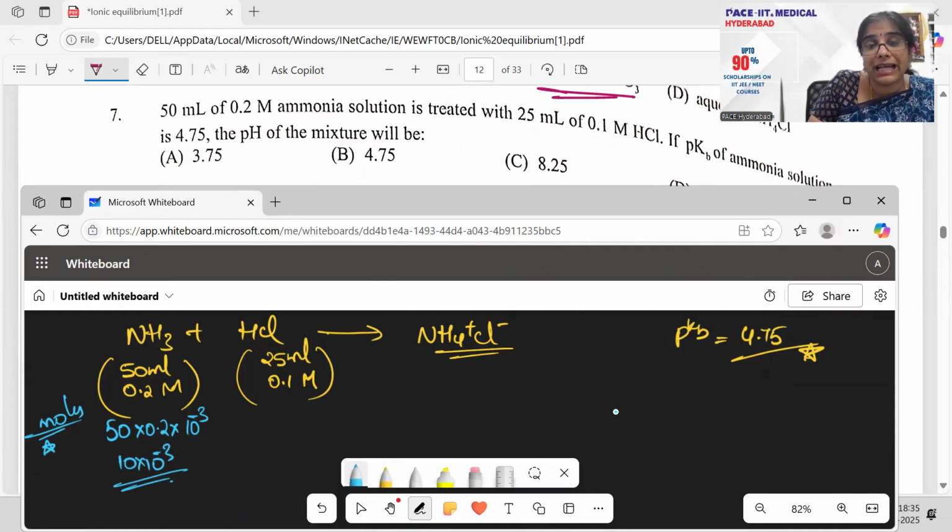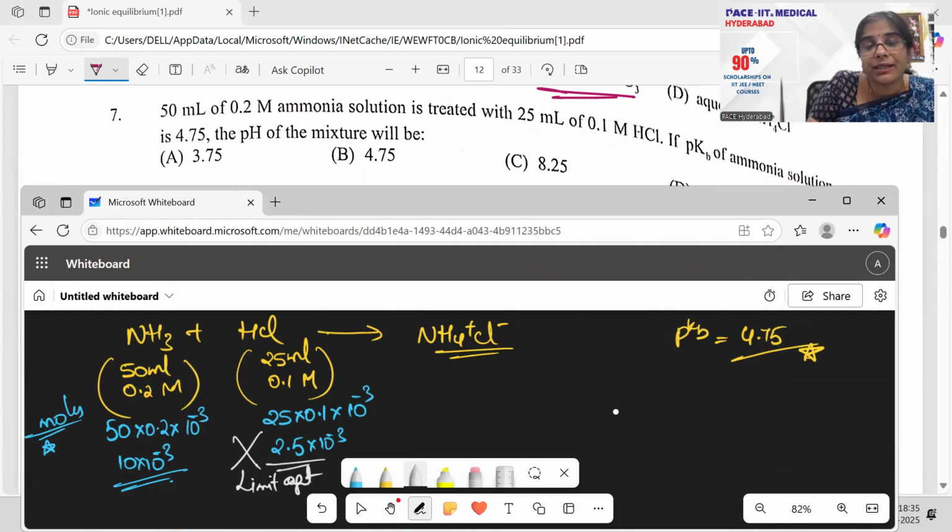And how much is HCl? HCl will be 25 ml. So 25 into 0.1 into 10 to the power minus 3, which is 2.5 into 10 to the power minus 3. Therefore, 2.5 into 10 to the power minus 3 is my limiting agent, which will get used up.